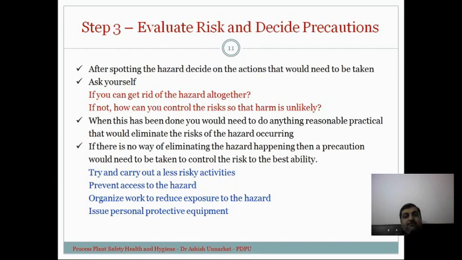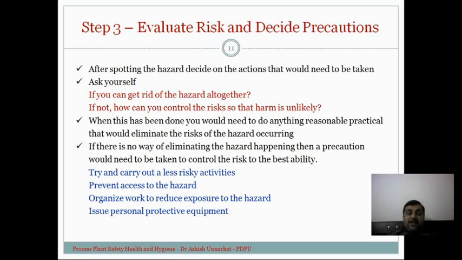Now, to evaluate the risk and decide the precautions: you have evaluated this hazard. You have been able to decide what hazards are there and how it is going to harm, whom it is going to harm. So the very first thing, if you talk about an evaluation of a risk, is to look at its control measures.